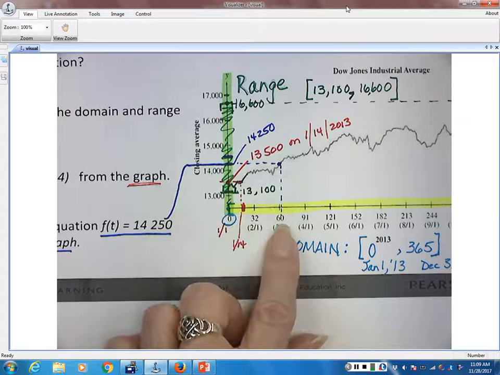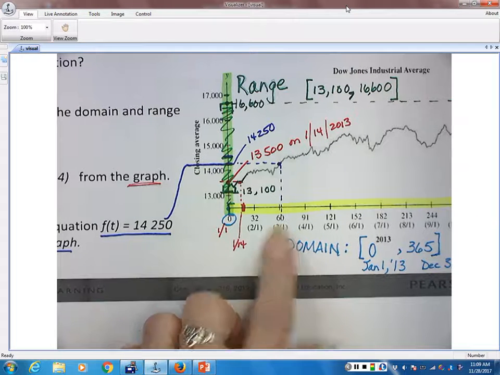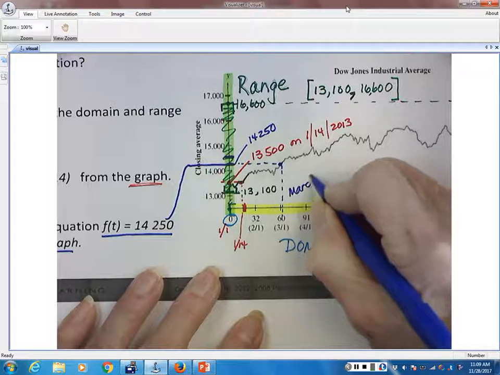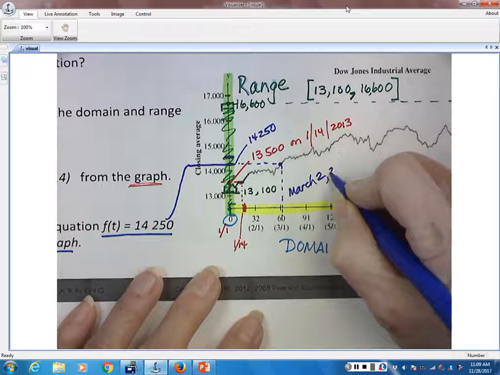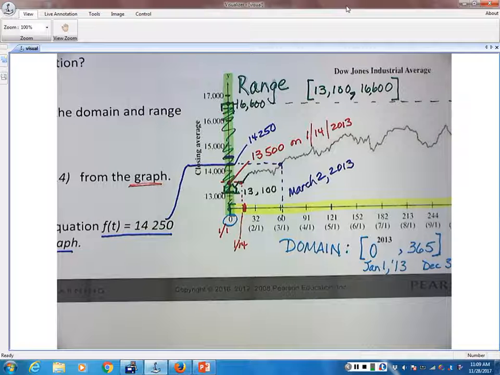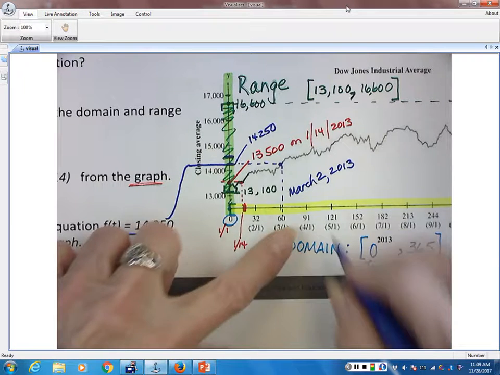March 2nd. Now, if you look it up from a table of values, I will tell you that honestly, on March 2nd, the Dow Jones Industrial Average was about day 64.